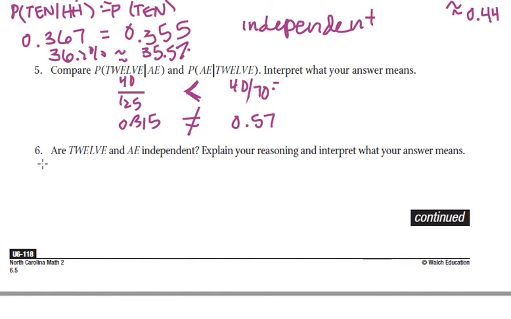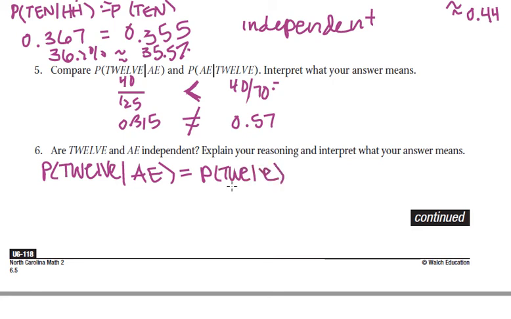So here we're going to have the probability of 12 given AE is going to be equal to the probability of 12. So the probability of 12 given AE, that was 0.315, is equal to the probability that they are a 12th grader.